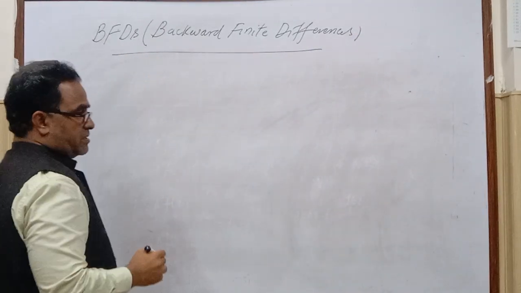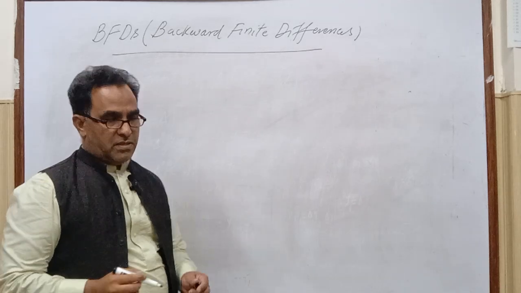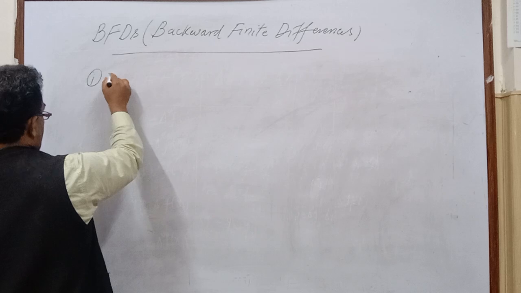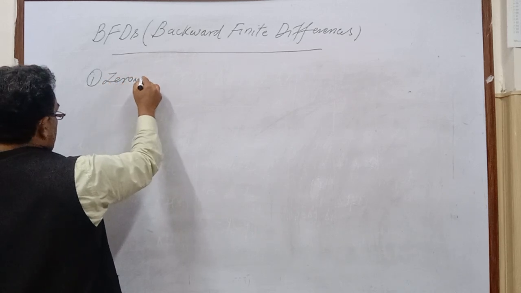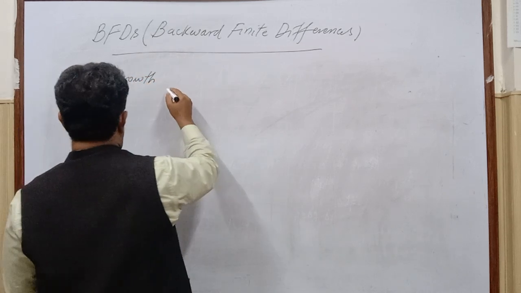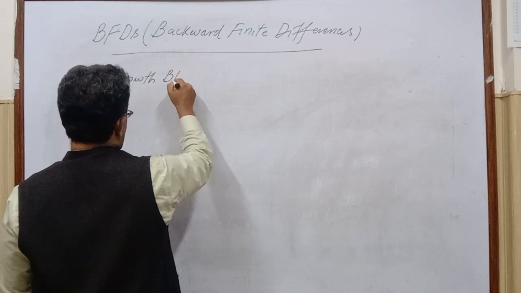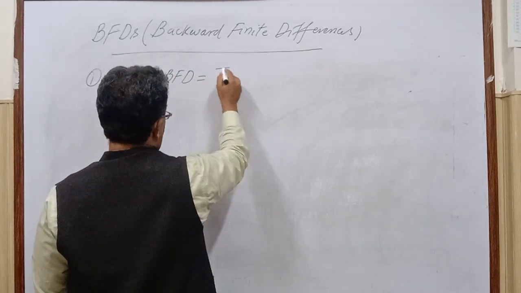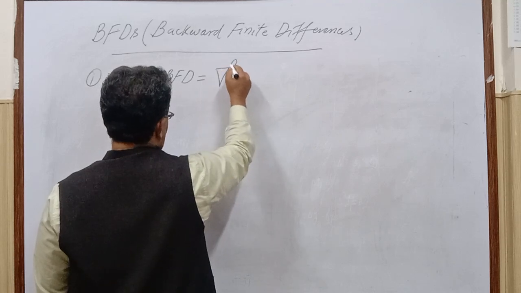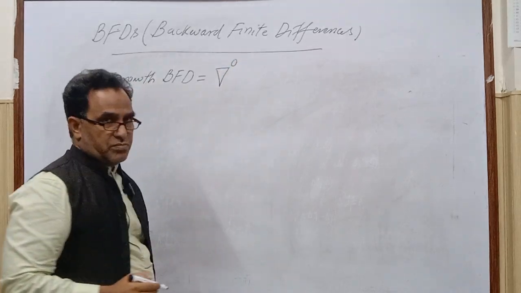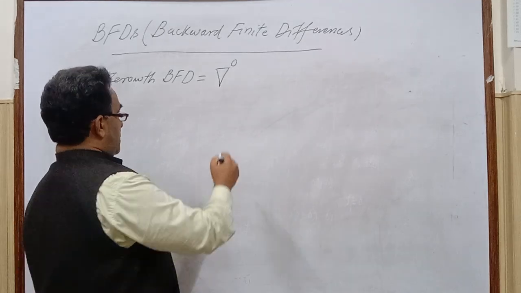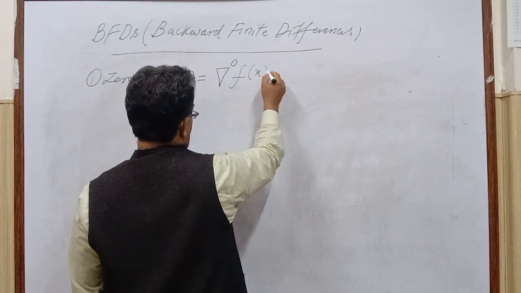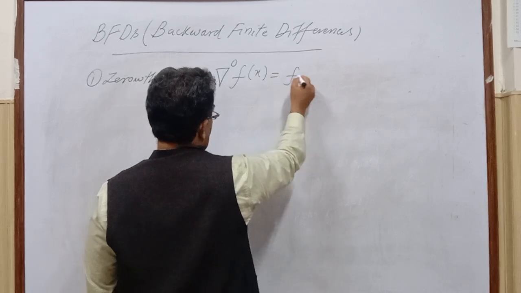Okay, just like in case of FFDs, we can define the zeroth BFD. For BFD we use the symbol del, and del 0 means zeroth BFD. Del 0 f of x would produce the function itself.